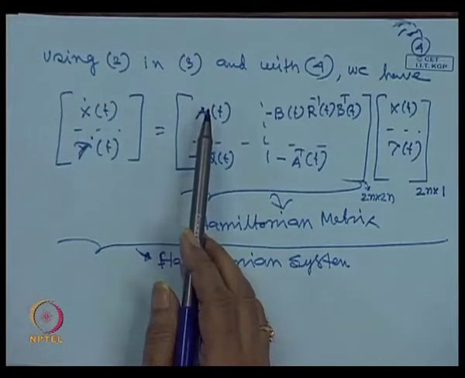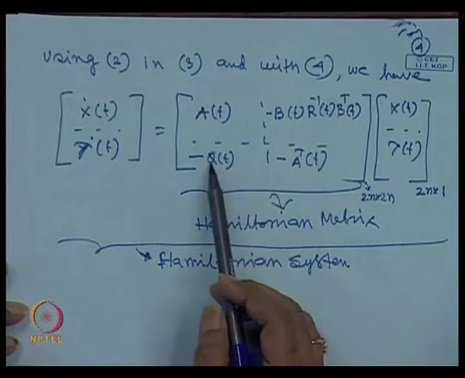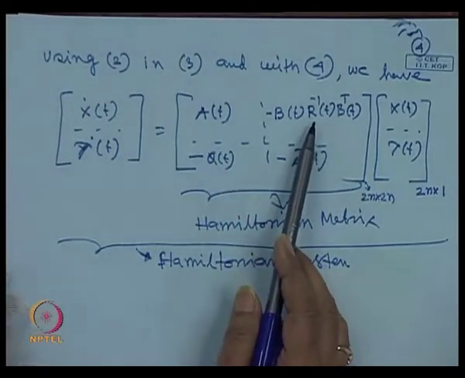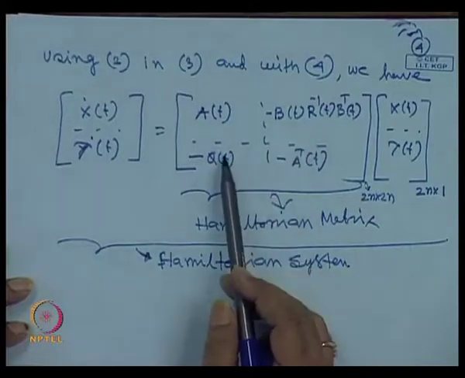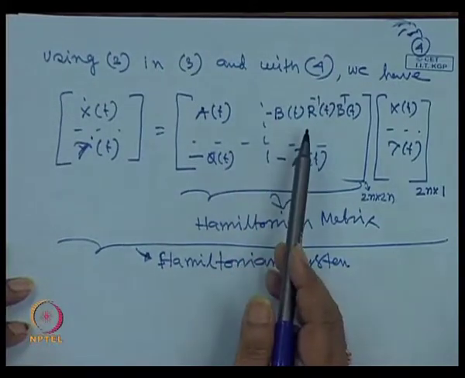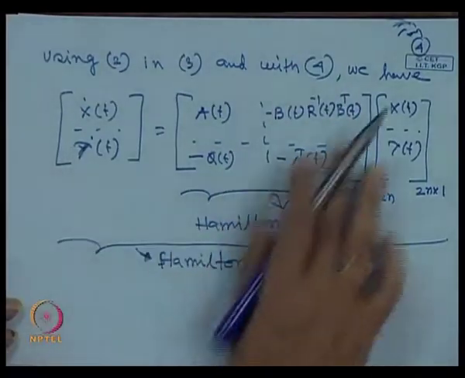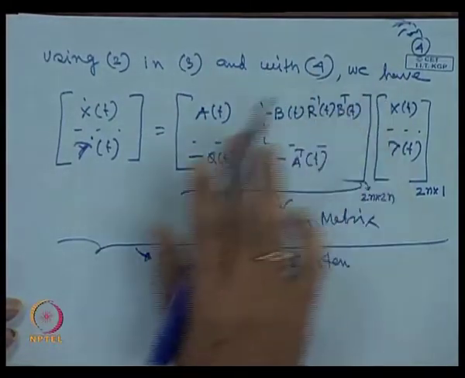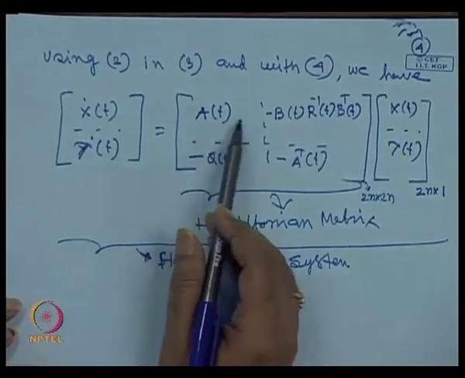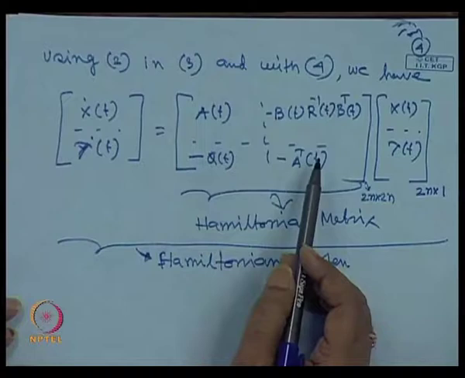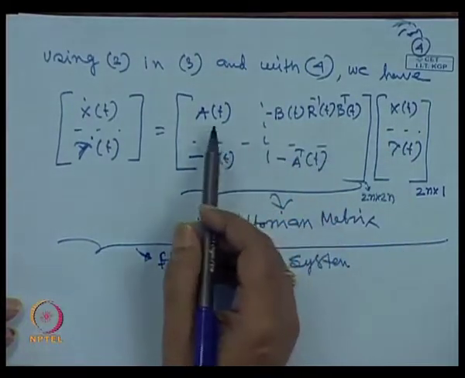Our given system A of t, B of t, Q of t, R of t is the designer's choice. Whatever the designer has taken into consideration to design the LQR problem, this whole matrix is known to us. That means the Hamiltonian matrix is known to us, and we can find its eigenvalues. The only difficulty is that the parameters are changing with time. Agree? So naturally the eigenvalues will change with time.